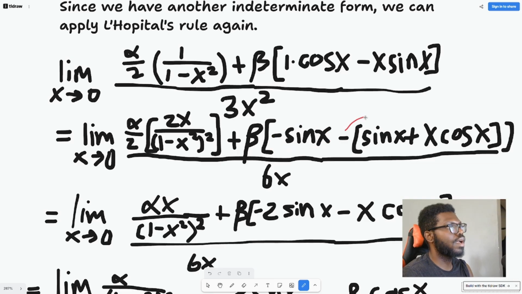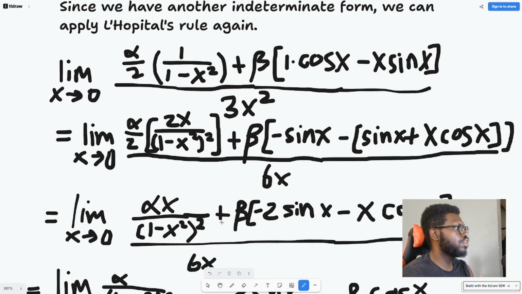And then after we distribute this negative to both of these terms, we can combine this negative x sine x and then the negative sine x that we end up with here to get negative 2 sine x. And then the other term that's going to be in the numerator is this minus x cosine x, since it's all inside this beta.